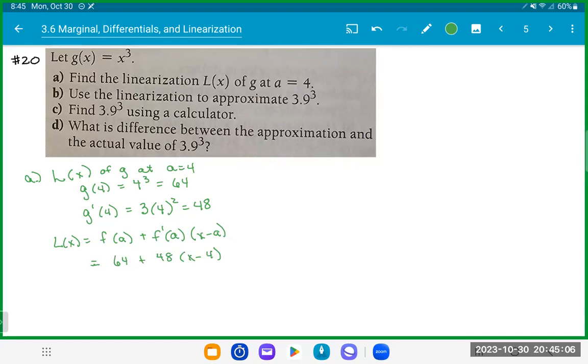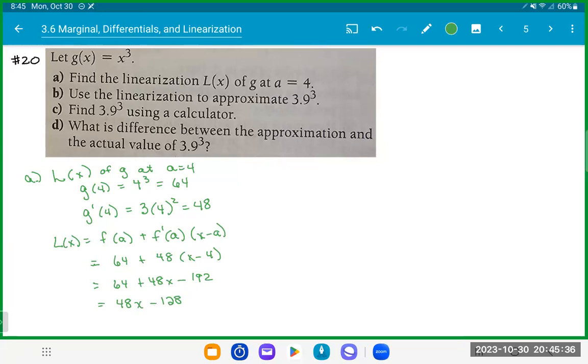We were given that as part of question A. So when we simplify this, we end up with 64 plus 48x minus 192. All we've done is distribute that 48 to the parentheses. And finally, we'll combine like terms, and we end up with 48x minus 128.